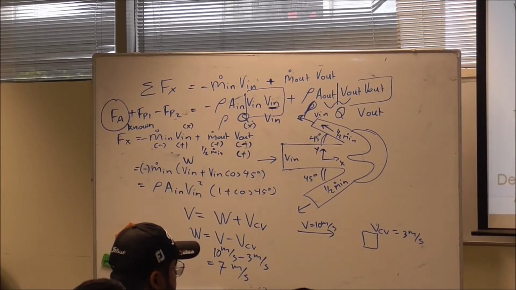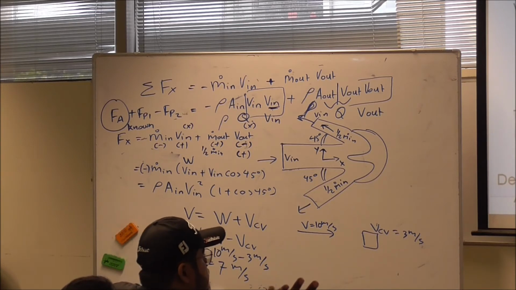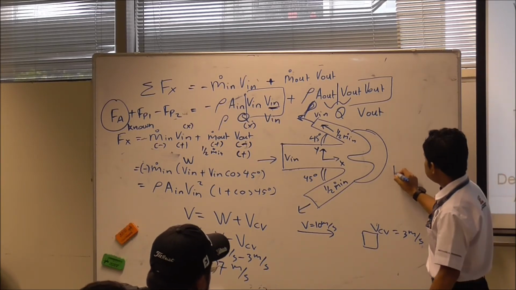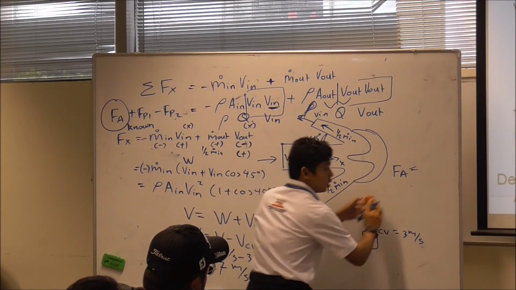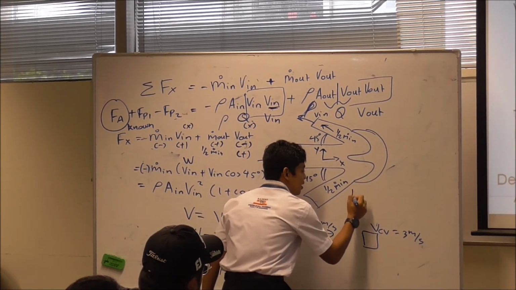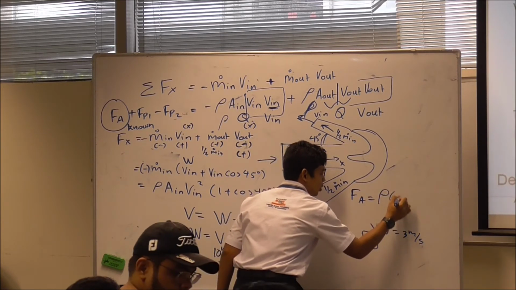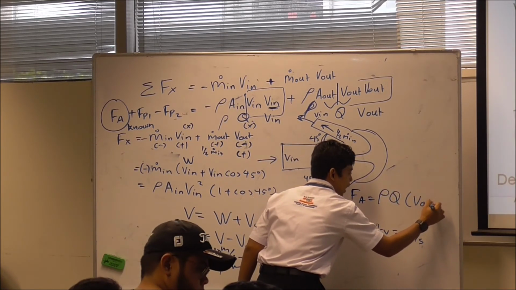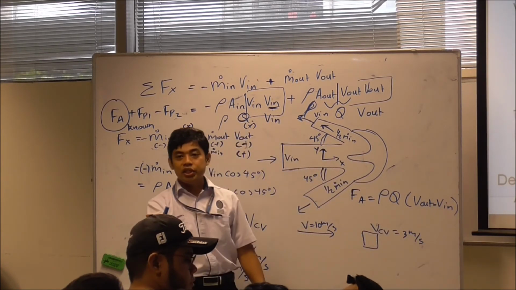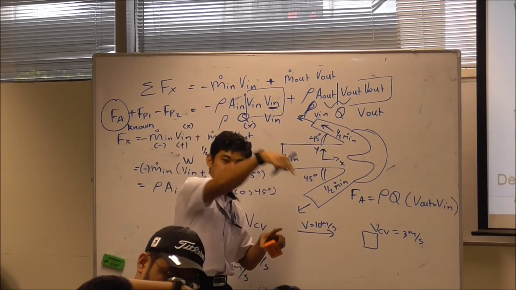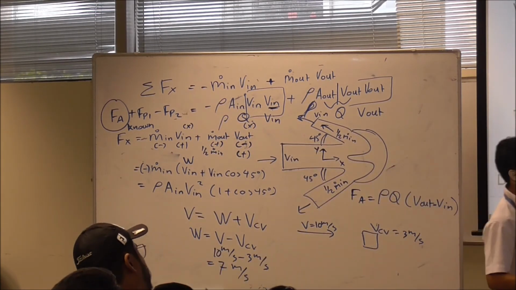Okay, if you do that, you will get FA is equal to, okay, quickly, someone is waiting there. FA is equal to rho Q P out minus P in minus the direction you check later on, because you remember P in is on the angle.